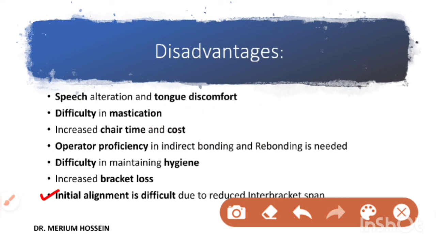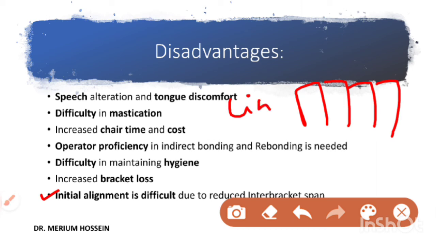Okay. So for example, these are the lingual surfaces of lower incisors, and these are the labial surfaces of the same incisors, and here I've applied brackets. So interbracket span is the span or the distance between the two brackets.